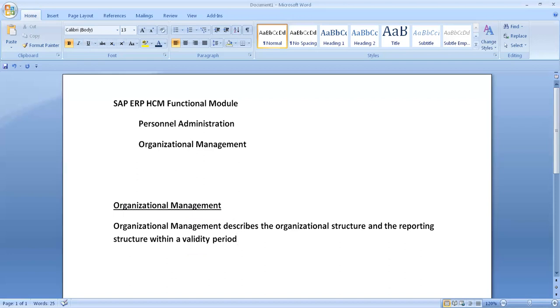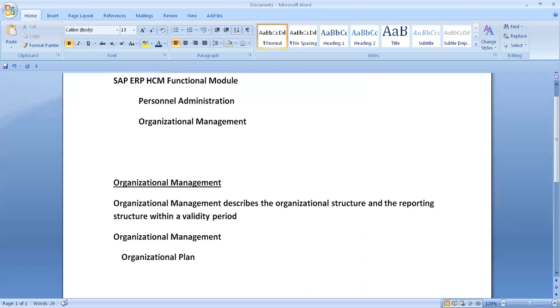Organizational management is essentially working based on the organizational plan.